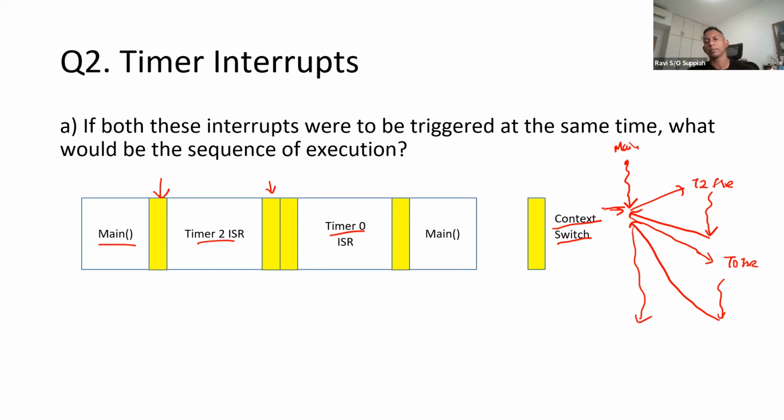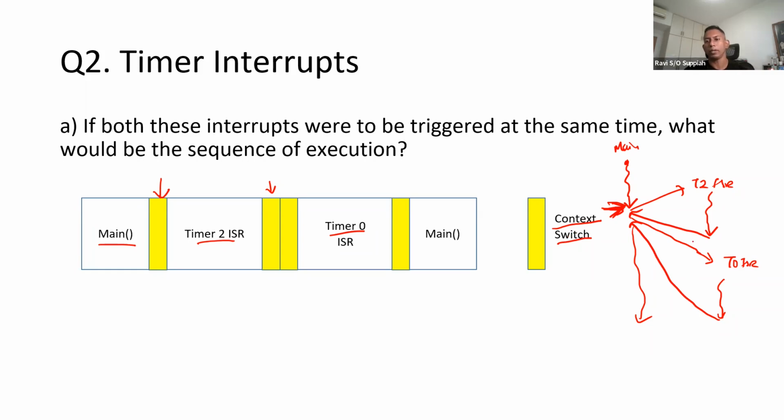When the interrupt comes in, I was busy doing something in the main loop. Whatever I was doing, those registers involved, those variables, the program counter, this information needs to be saved somewhere. That is what we call context switching. Then I need to load the program counter with the new address of the ISR and jump there.